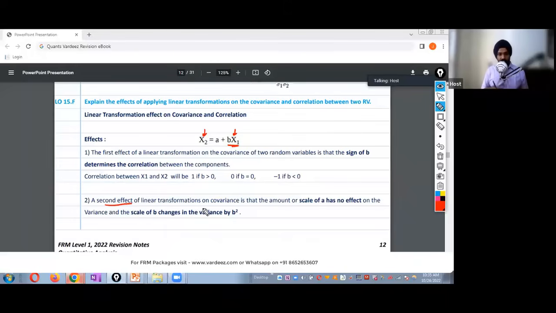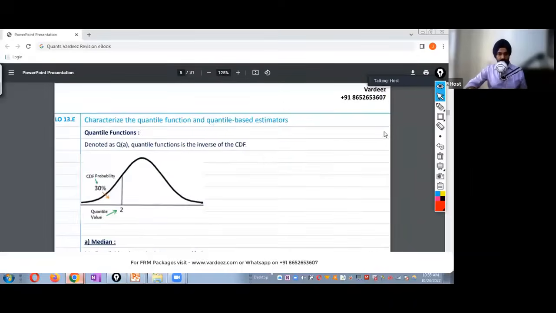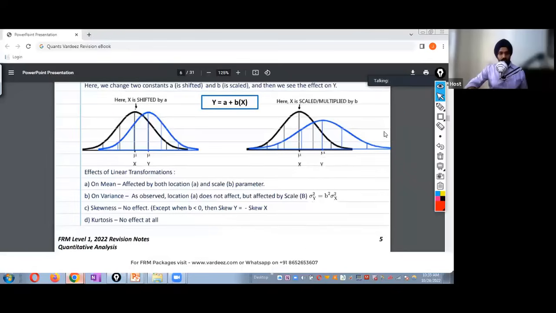What about the second effect of a linear transformation? The second is that scale of A has no effect on the variance. The scale of B changes the variance by B square. Let's go to that. When we were talking about this linear transformation of one random variable, we said that if you add A to this X, the mean is shifted.